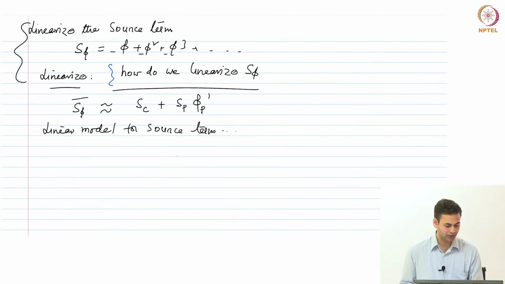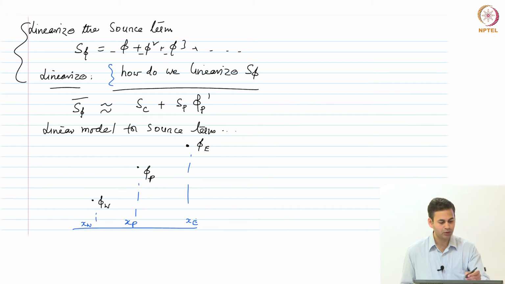Let's say I have some value, this is phi east, some value phi p, another value phi west, and these are at different x locations. So this is x west, x p, x capital E. How do you write a linear profile assumption? How do you calculate the slope?